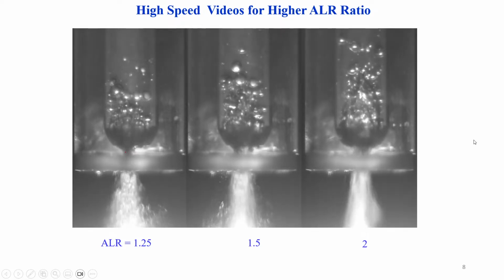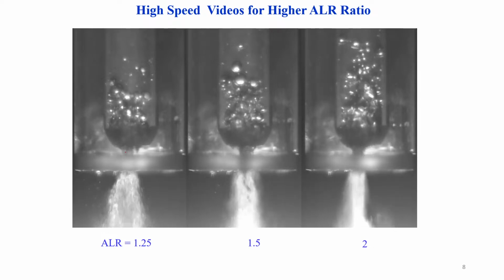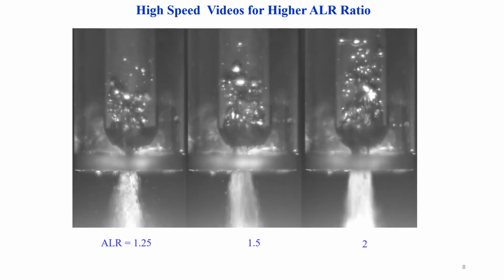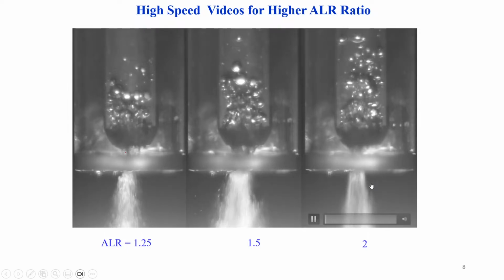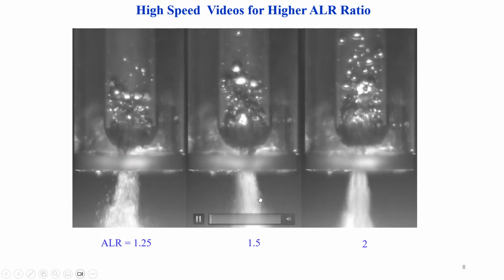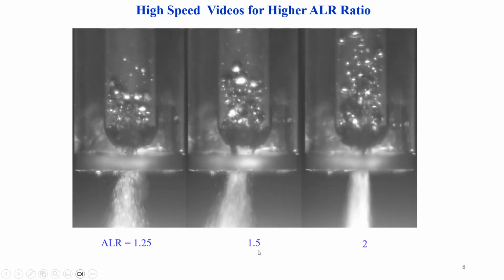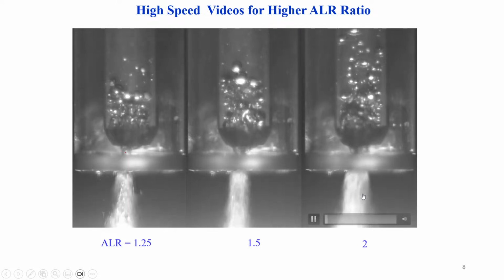Here we can see, at different ALR ratios, how fast and how fine the atomization is. At higher ALR ratio, we are getting a much finer spray compared to the other two ALR ratios, 1.25 as well as 1.5. Here we can see the spray droplets are also very fine.